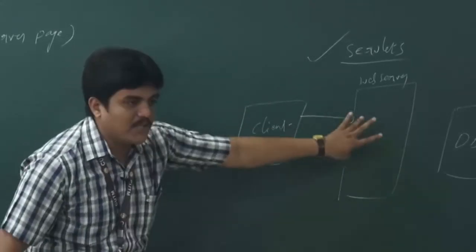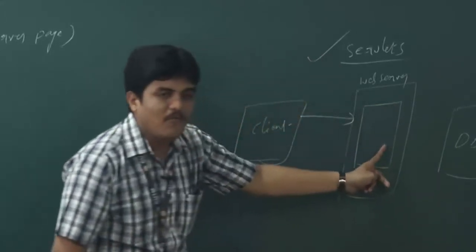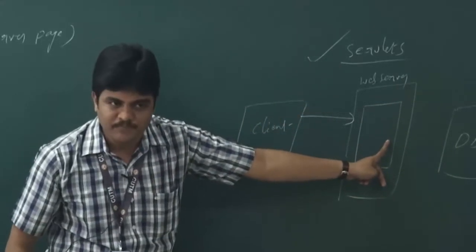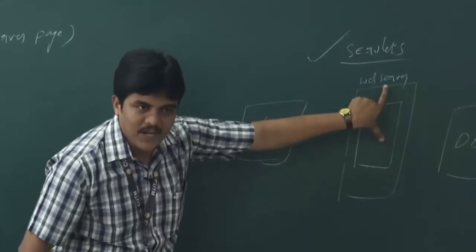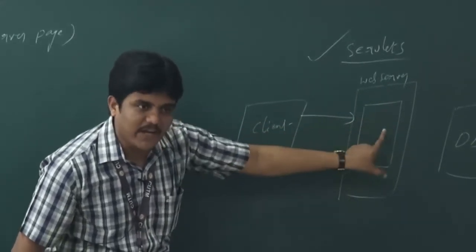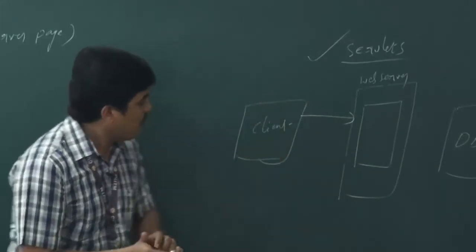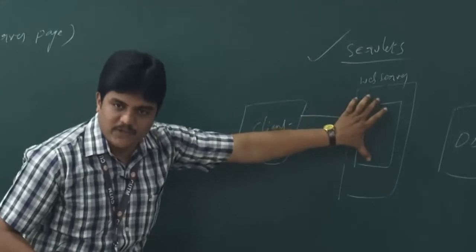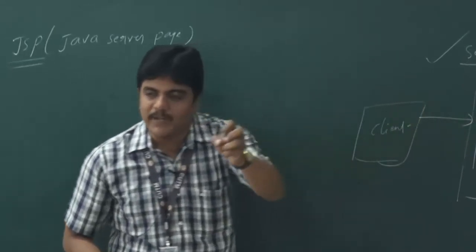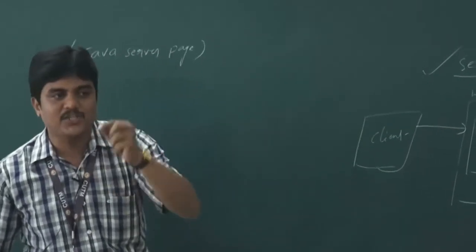Now this web server contains two things: the first one is the servlet engine and the second one is the servlet application. Whenever a client sends a request to the web server, the web server recognizes the client request and forwards it to the servlet application.